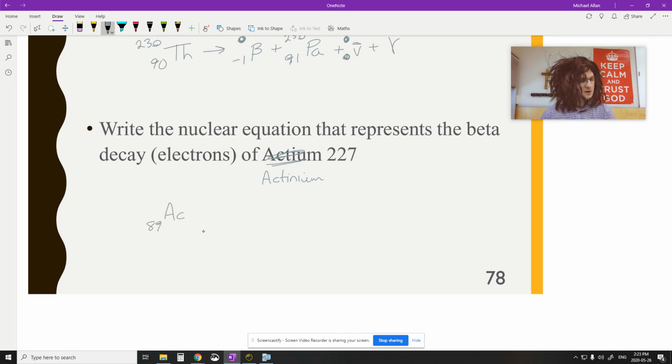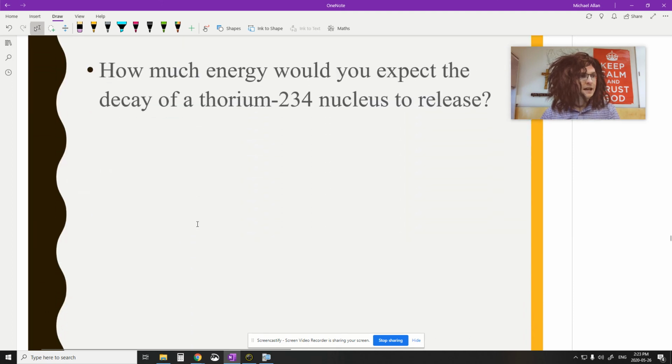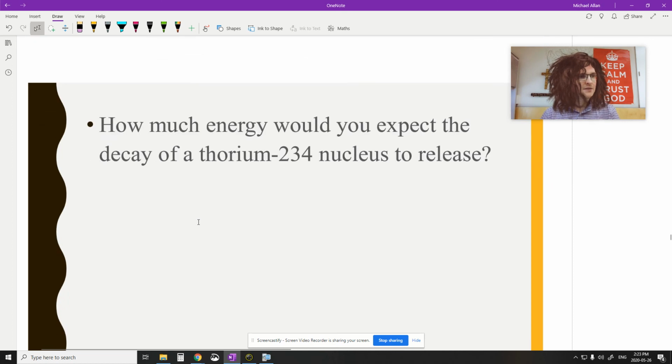It's right beside thorium there, which gives away what it's going to turn into, because it's going to release a beta particle, an antineutrino, a little bit of gamma, and then this bigger daughter particle. So this is going to be 90, which we already know is thorium, and this is thorium-227 this time.